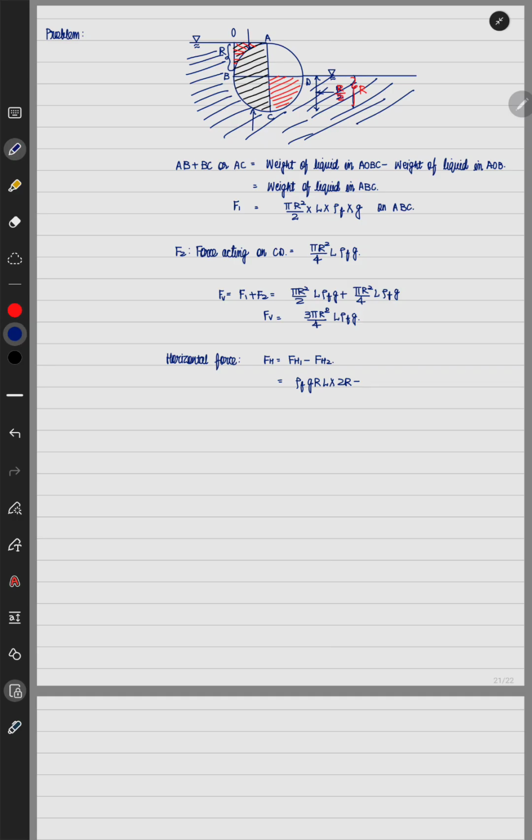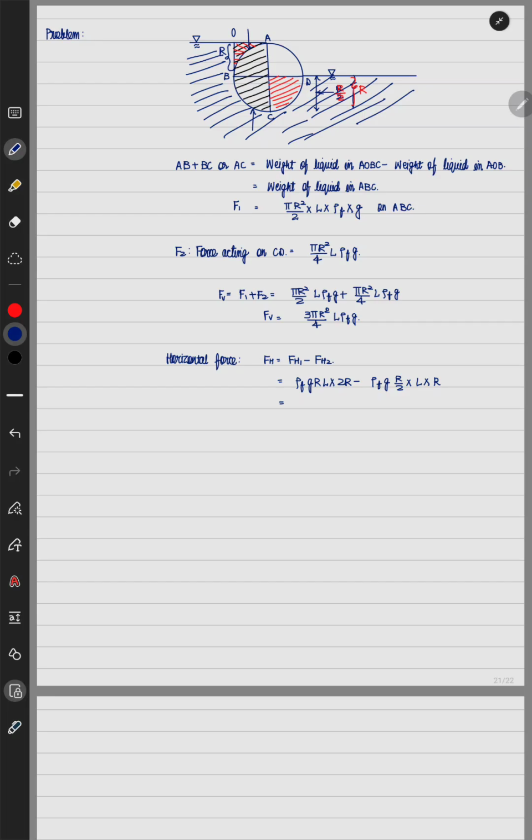So what is the total amount of force? That is given by rho f into G into R by 2 into length, which will be the same, into R. Length into R will give the area, and rho f into G into R by 2 will give the pressure.